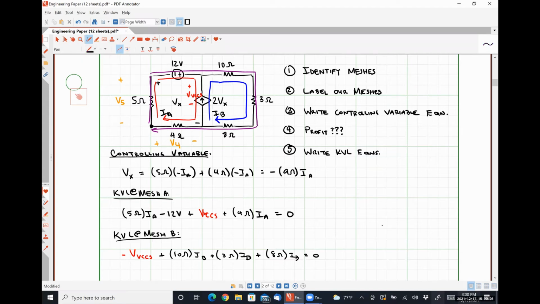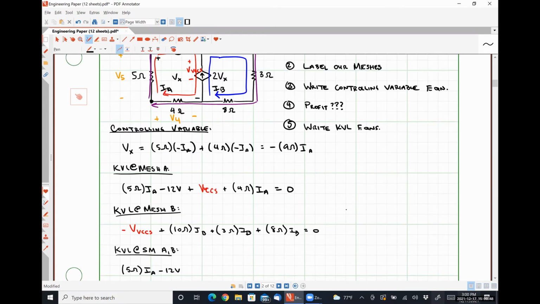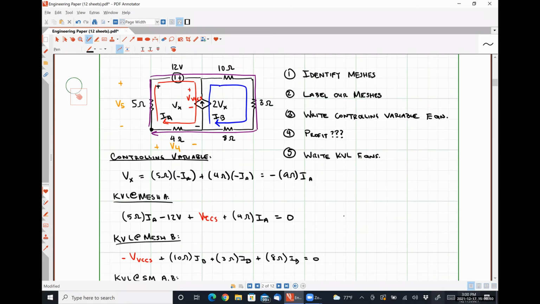So KVL at supermesh AB is simply 5 ohms times IA minus 12 volts. That gets us to this point right here. Now we're following mesh IB around.